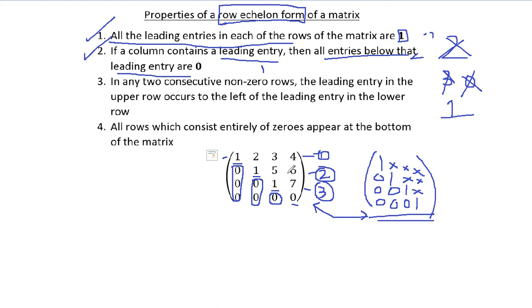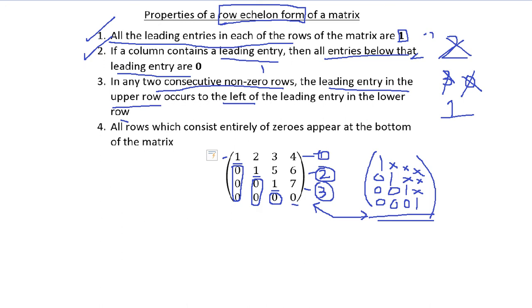Now for property 3: in any two consecutive non-zero rows, the leading entry in the upper row occurs to the left of the leading entry in the lower row. As you can see over here, in every row, 1 is the leading entry.